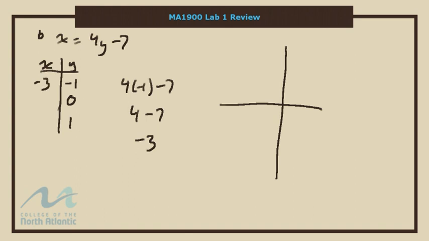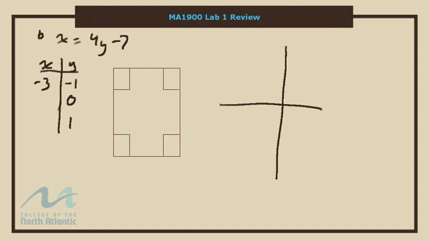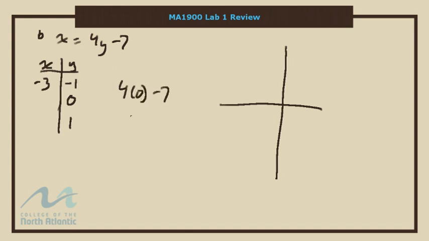When I get my 0, I did it again, 4 times 0 minus 7, which is going to just equal minus 7.